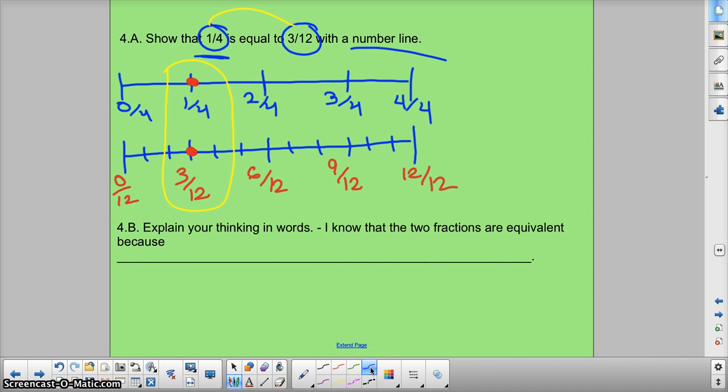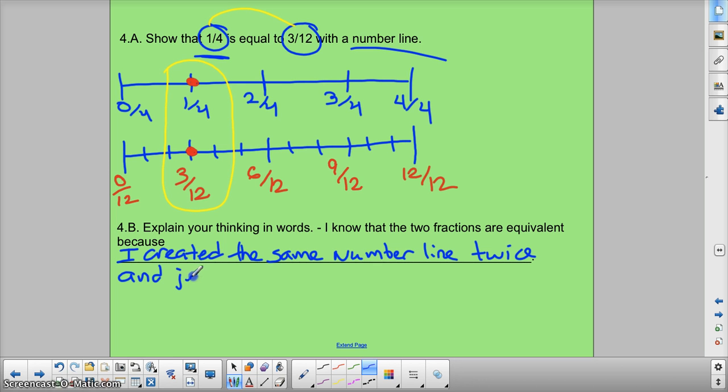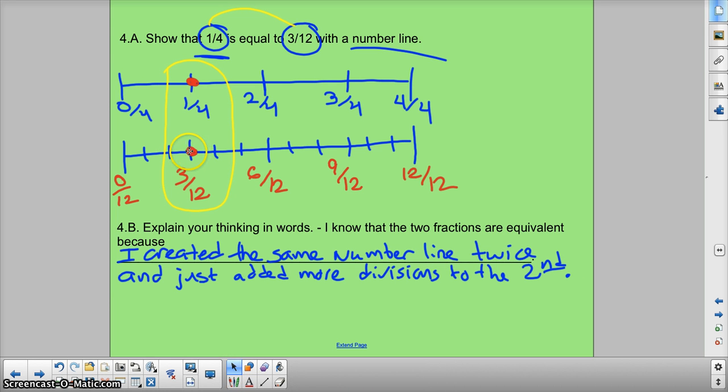All right, I know the two fractions are equivalent because I created the same number line twice and just added more divisions to the second, which basically just means I never moved this point, this red dot.